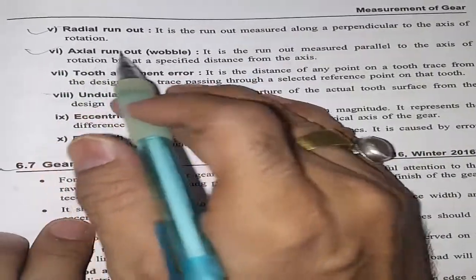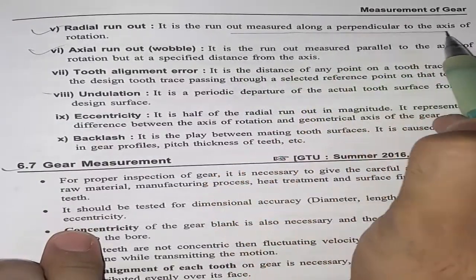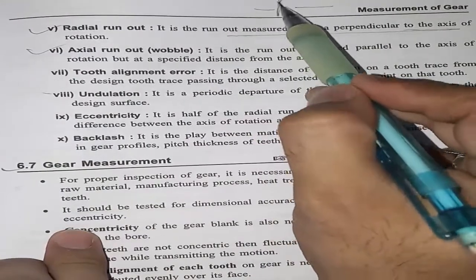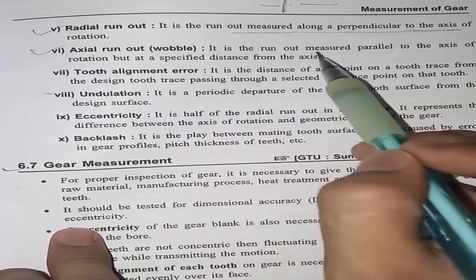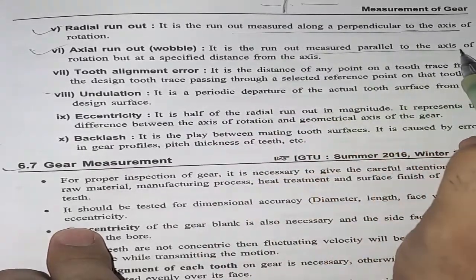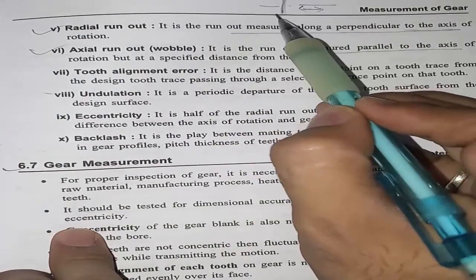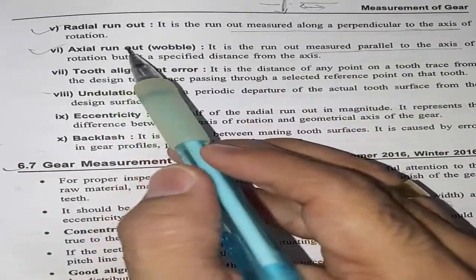Radial run out is measured perpendicular to the axis of rotation, and axial run out is measured parallel to the axis of rotation. So this is about radial run out and axial run out.